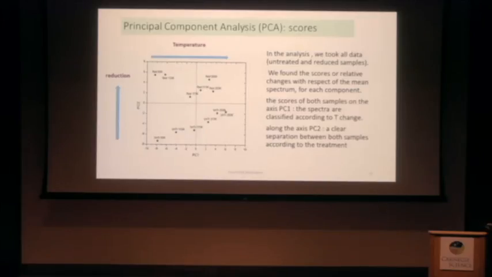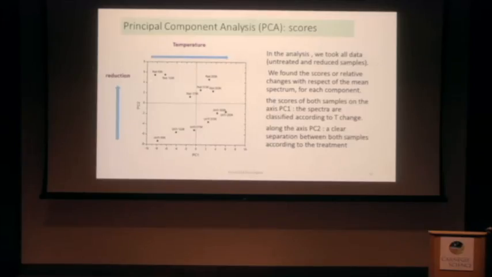Another important point is that if you look, for each series of data, at the temperature change, you can see that from the right to the left the temperature decreases. That means that principal component number 1 corresponds to the effect of temperature for both samples, and principal component number 2 is the effect of the reduction treatment.